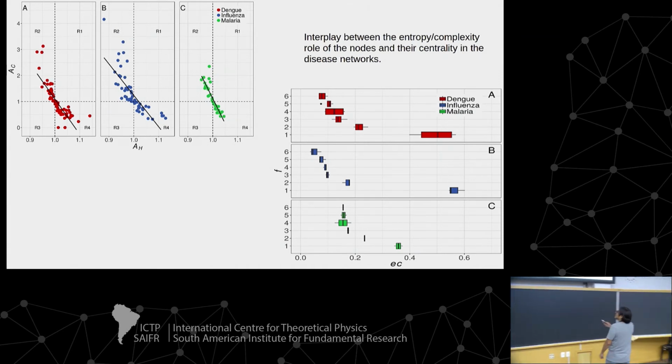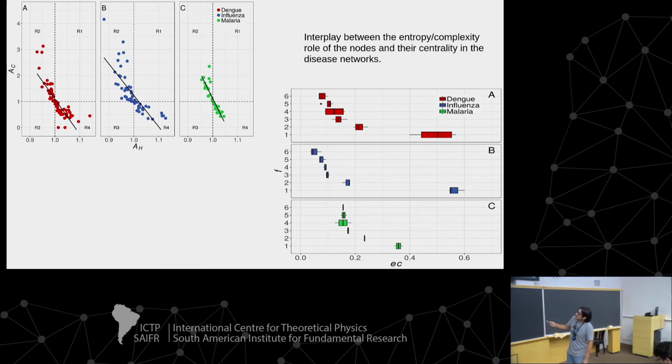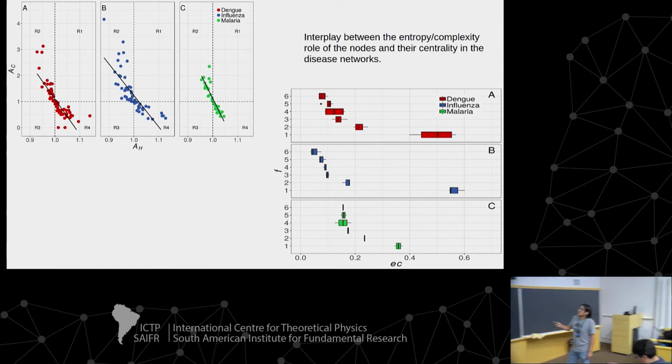So we can see here nodes, in this particular place, right here, like this one in dengue, and also here in influenza, nodes who handle very low values of amplitude, or amplify very poorly, or attenuate the entropy, but those nodes that attenuate the entropy also increase the complexity of the network the most.